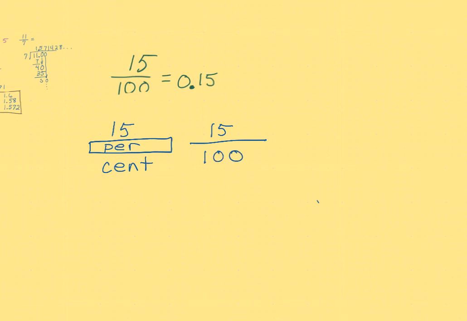Okay, so we can move between all of these expressions. 15% equals 15 hundredths equals 15 hundredths as a decimal, 0.15.